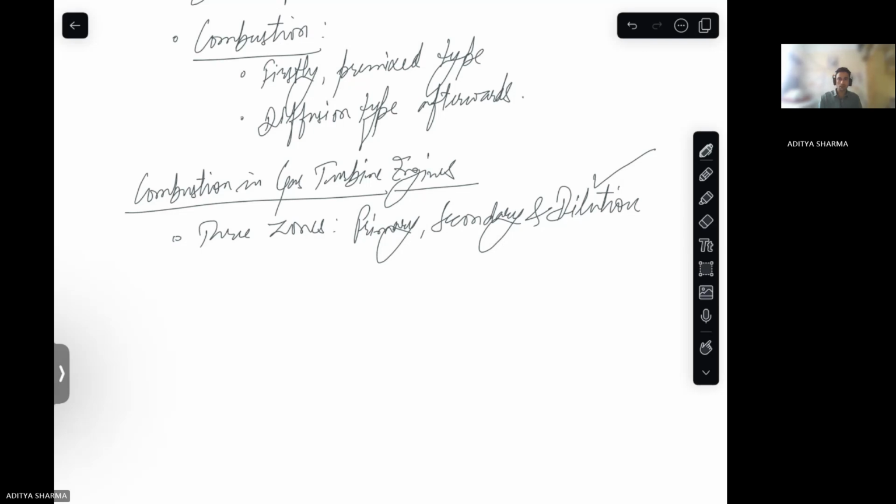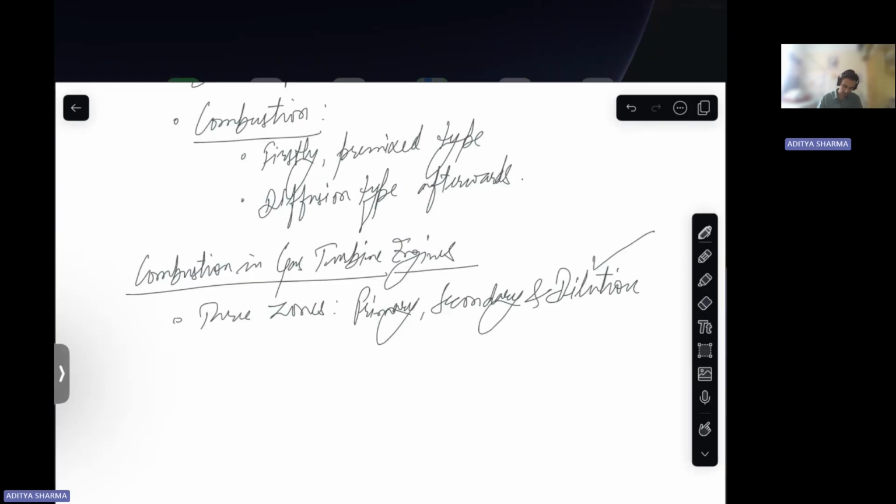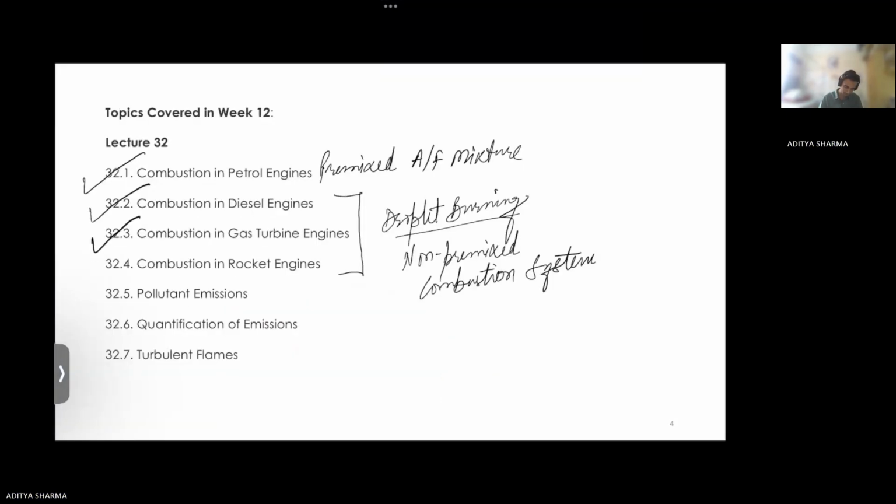After this, we have the next topic, that is combustion in rocket engines. Rocket engines, as we know, are a very important type of engine.